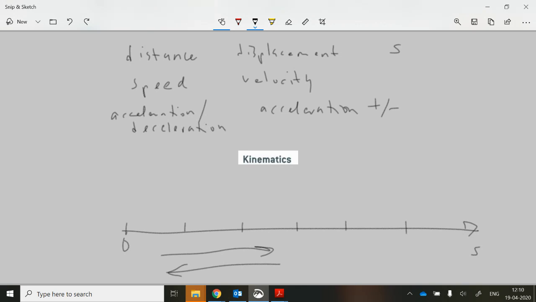Velocity is the same. So for velocity, we use v, and velocity, you might already know this one, it's the change in your displacement over time. Now, your average speed, which we used before, is distance over time, and it's very similar here. We do ds dt. So that's saying what's the rate of change of your displacement at any particular given time.